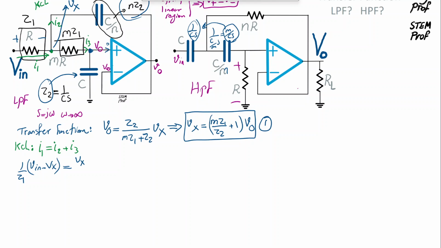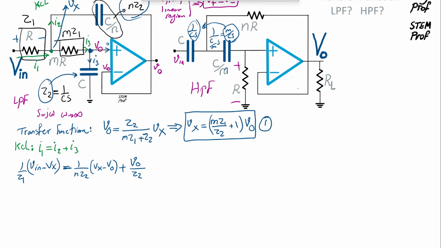So let me write it this way: 1 over NZ2, times Vx minus Vout. And for I3, it is the same current as this current. So rather than dealing with Vx minus Vout divided by MZ1, I can just use Vout divided by Z2. That's what I'm going to write for I3: Vout divided by Z2.